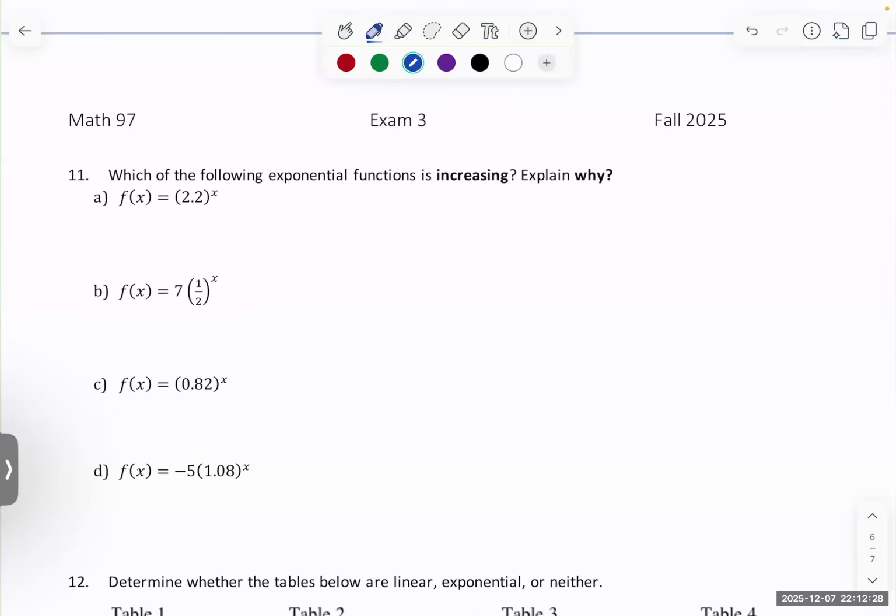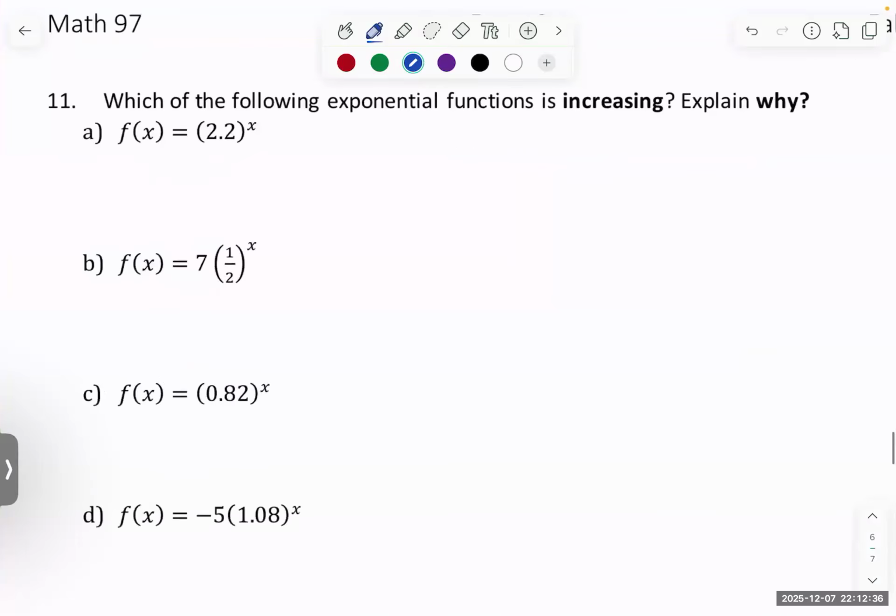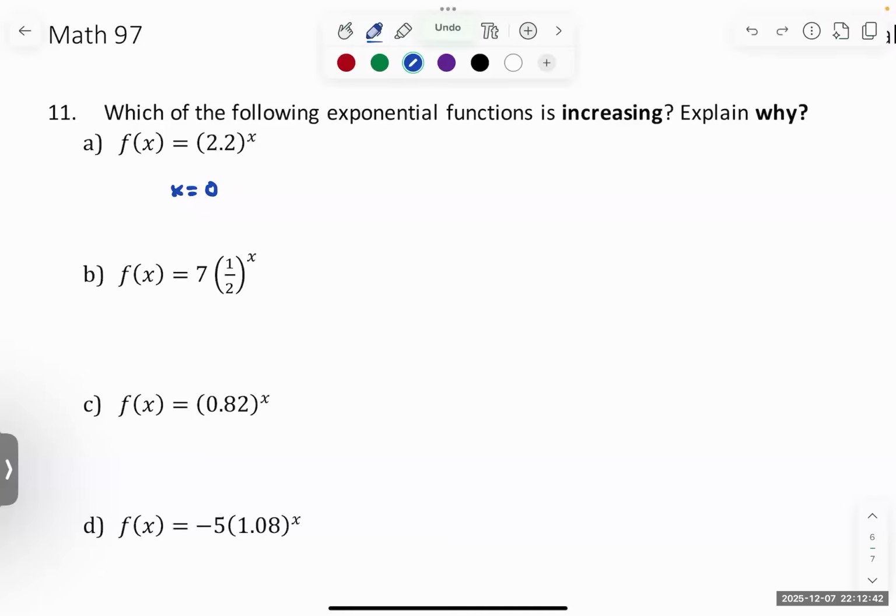All right, so from here, which of the following exponential functions is increasing? Well, let's think about it. If I were to plug in x equals 0 here, then the y is going to be 1. Okay, for the next one, if I plug in x equals 1, my y is going to be 2.2.